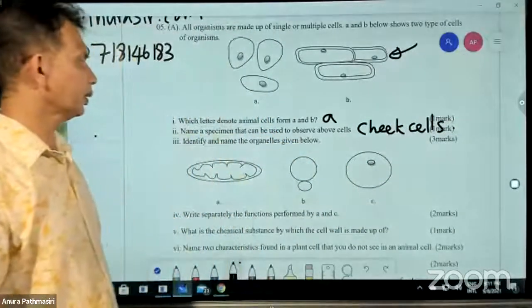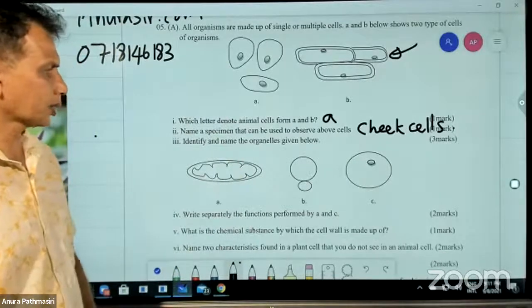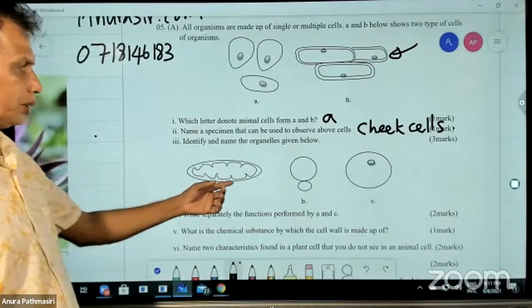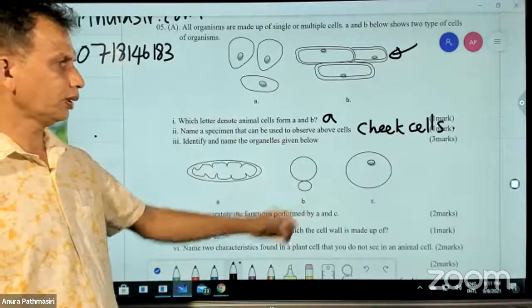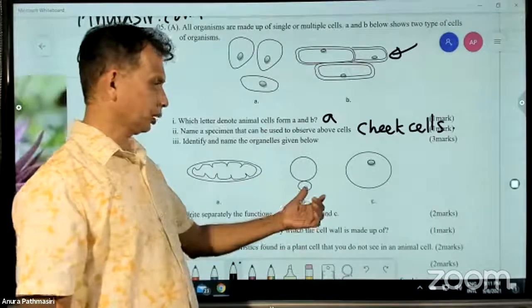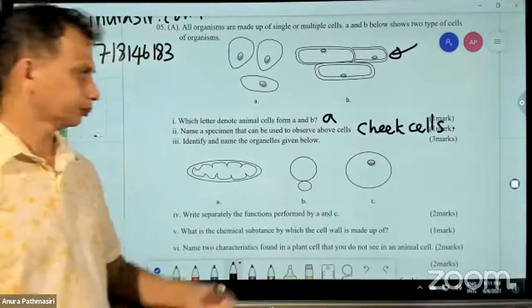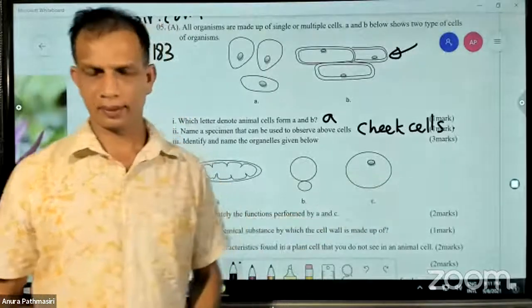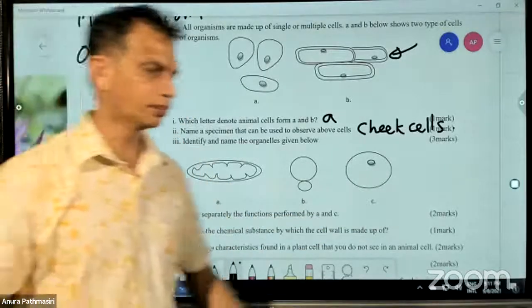Well, identify and name the organelles given below. This is mitochondria. Ribosome.